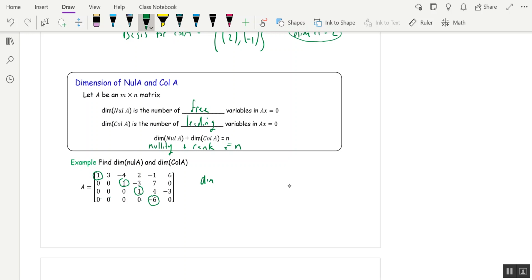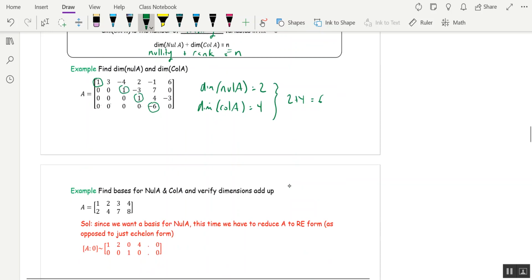So the dimension of null A is 2. And the dimension of col A is 4, because there are 4 leading variables. And sure enough, 2 plus 4 is 6, which is the number of variables. Some very heavy math there. 2 plus 4 is 6.